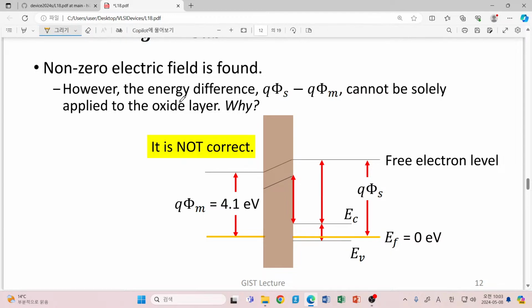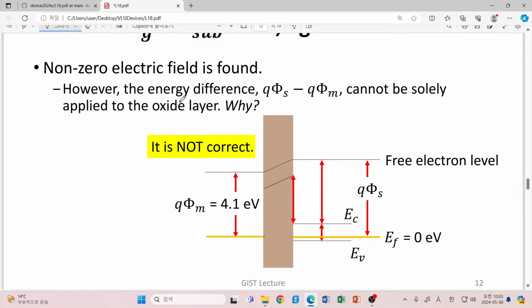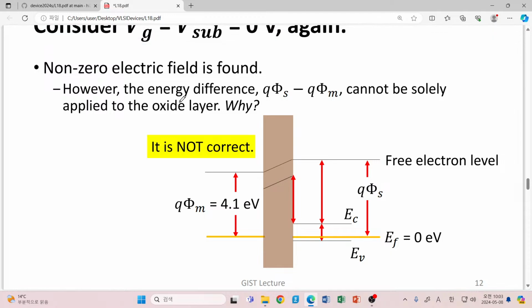Since we have applied a certain gate voltage from the flat band condition, now we have a difference of vacuum level, and in this long graph, I assume that all of the energy difference only occurs in this oxide region, and obviously it is not clear.